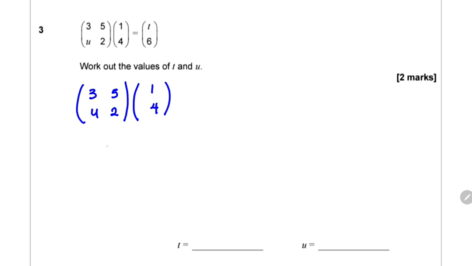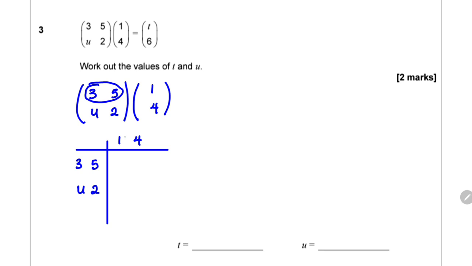Now how do we multiply this? Let me show you. Remember, I told you in my previous video that this multiplication is done in a row by column thing. So we'll pick this row, which is going to be 3, 5. We'll pick the second row, which is U and 2. Then this is just 1, 4. So we are picking the column now.